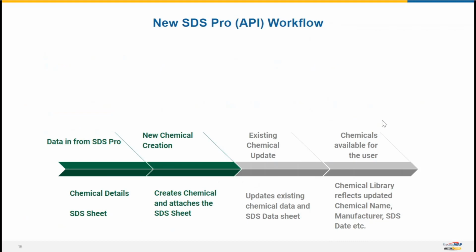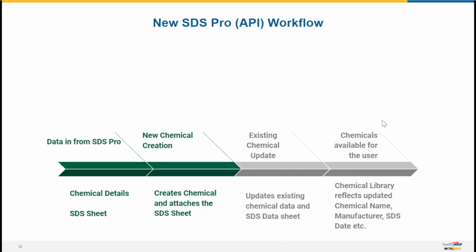Here in this slide, you can see an illustration which demonstrates how this API process works at a high level. The data from SDS Pro is received by ProcessMap in the form of chemical name and respective details, along with the SDS attachment sheet, which describes the detailed information of the SDS.